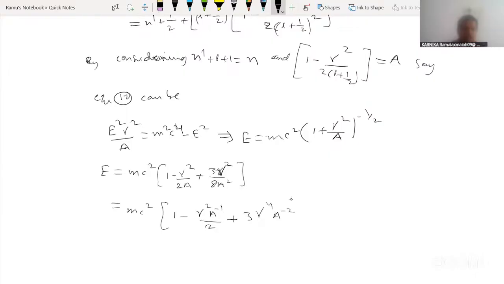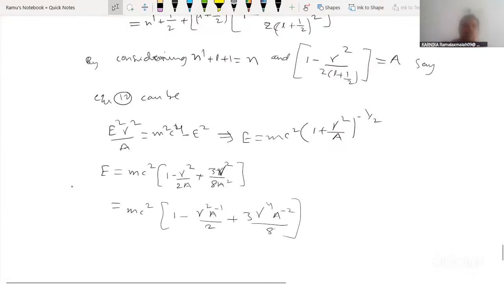This is the denominator values, you will change to the numerator. Okay, this formula E is equal to mc squared into 1 minus gamma squared by 2A plus 3 gamma squared by 8A squared.